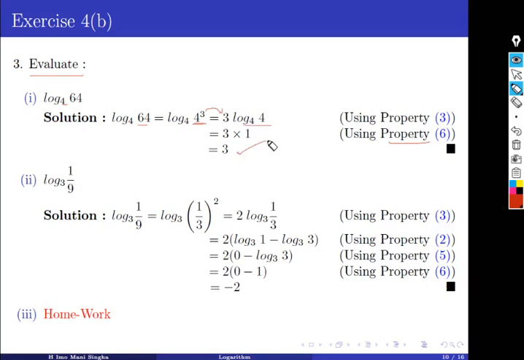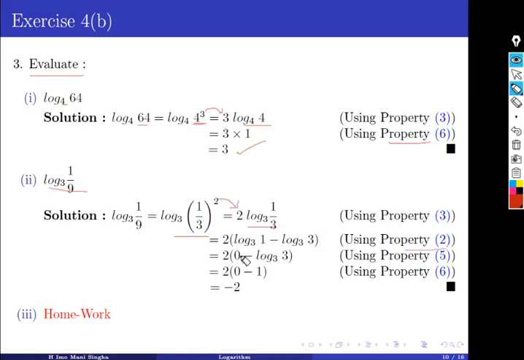Similarly, log of 1 by 9 base 3. What is 1 by 9? 1 by 9 I can write as 1 by 3 whole square. So the square by property 3, the power will come as a product, and this log of 1 by 3 by property 2 will be what?